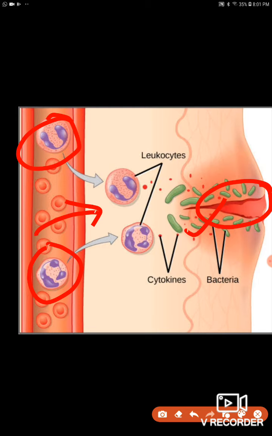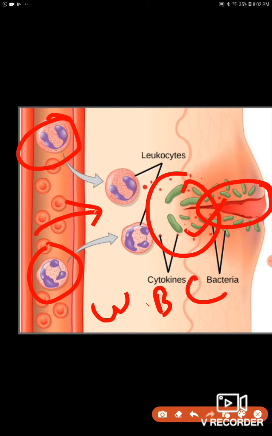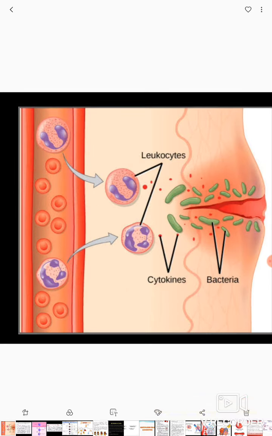They destroy the damaged cells by phagocytosis, and pus is formed. This pus is composed of dead WBCs with the destroyed tissue cells or the destroyed pathogen. Many times you have seen the pus filled inside an inflammation.